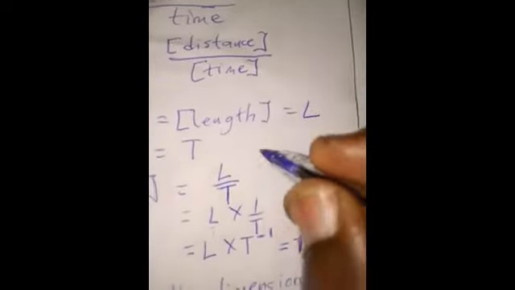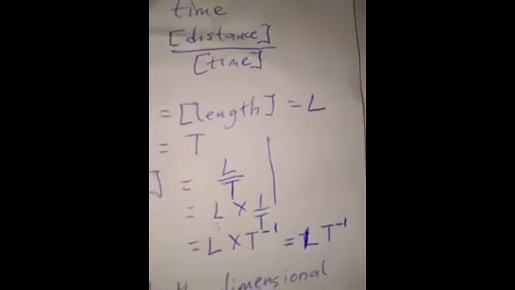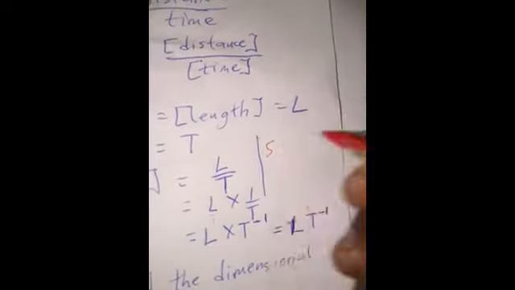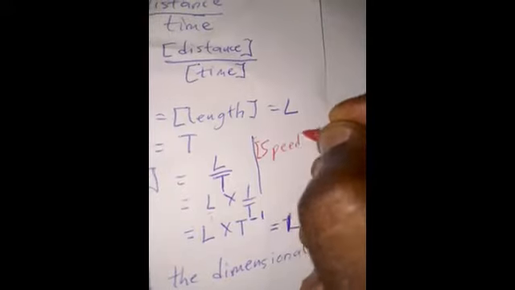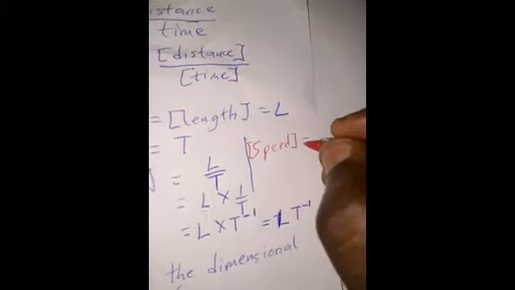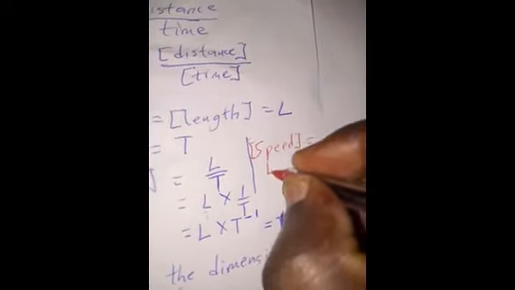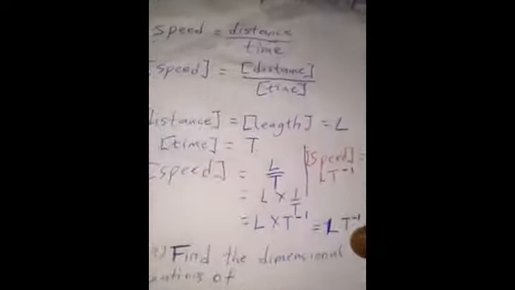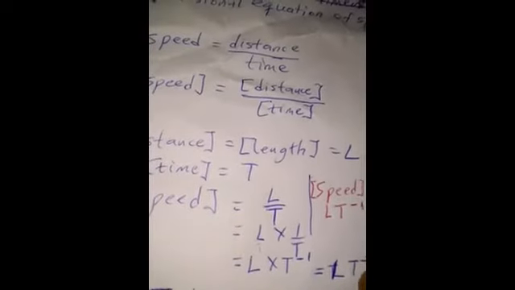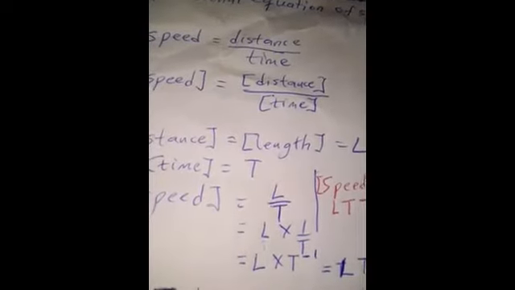For that, the dimension of speed becomes LT minus 1. It is very easy.